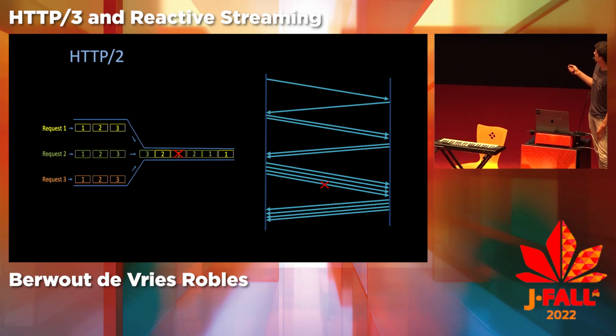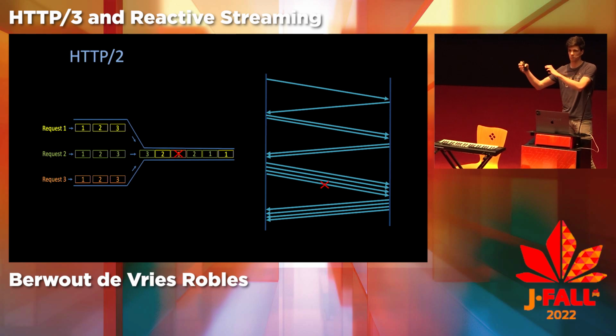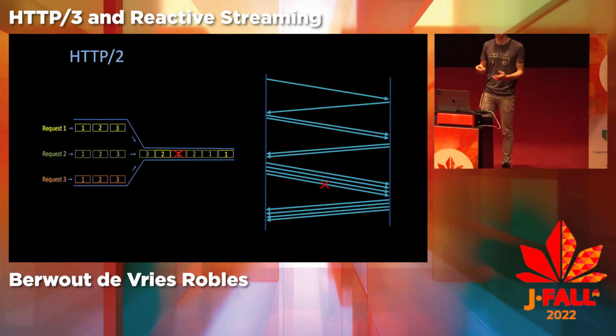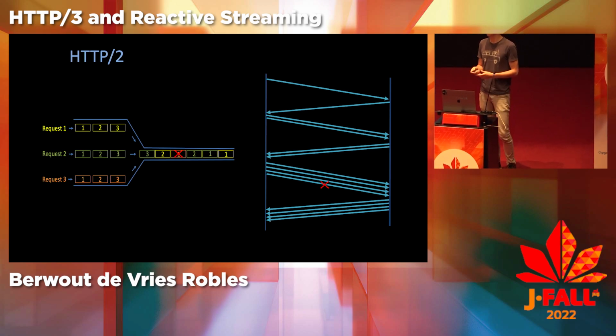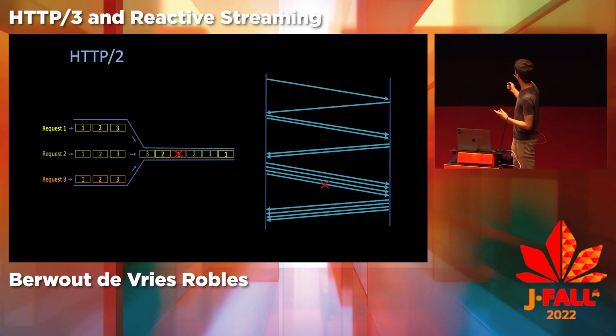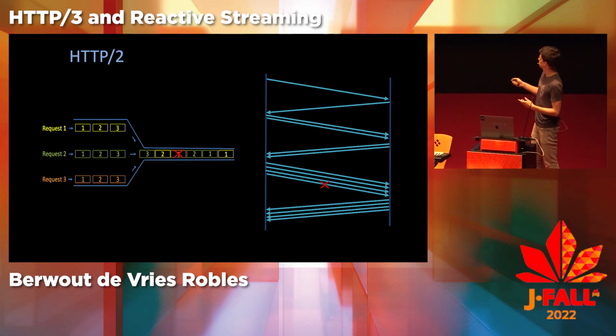Theoretically, that would be fine for the yellow and the green streams here, because they can still start decrypting and start processing whatever comes in, because they didn't lose any packets. But because this splitting is happening on HTTP level and TCP doesn't know about it, TCP just thinks, oh, a message got lost. I have to wait until this is retransmitted. So it holds up all of these requests as well.